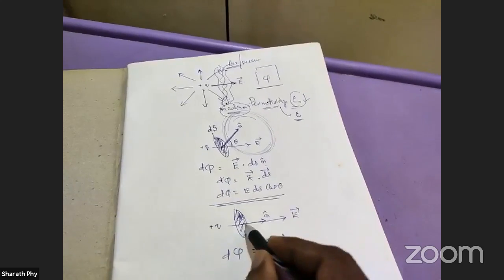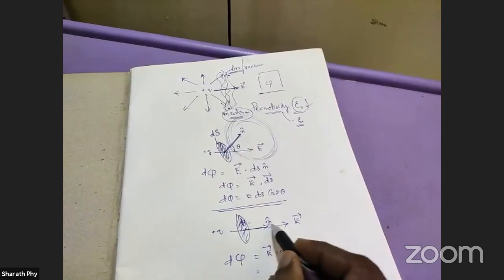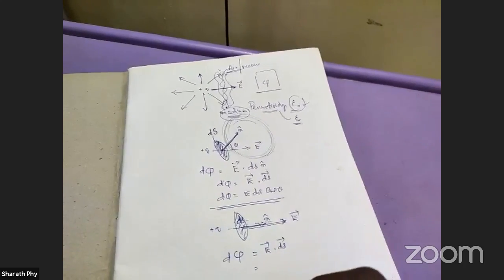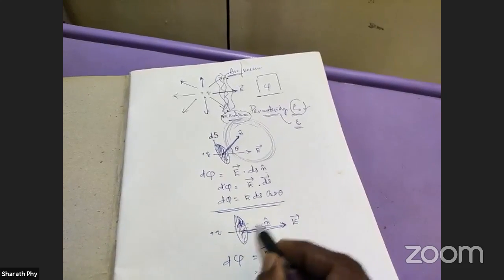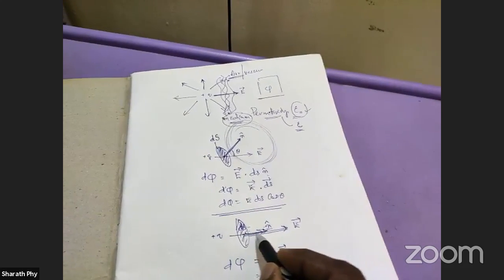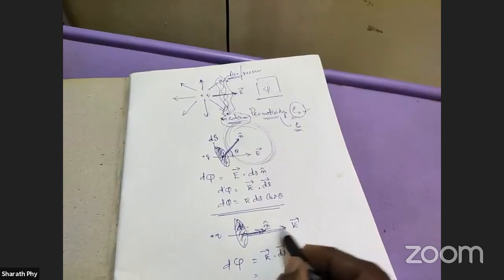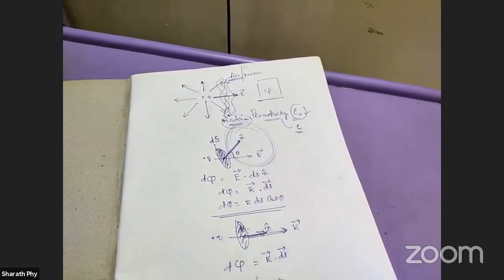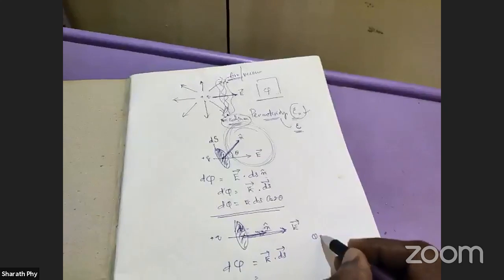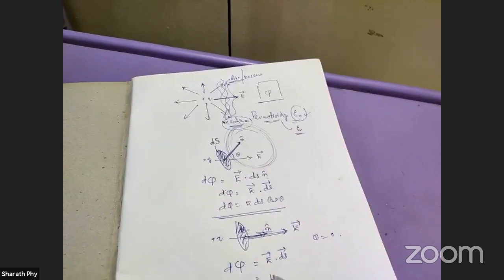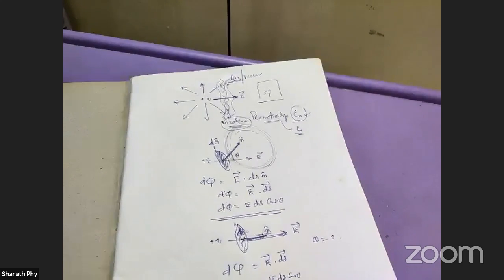The angle between this area vector and the E bar vector is 0. So E dS cos theta is the formula here.